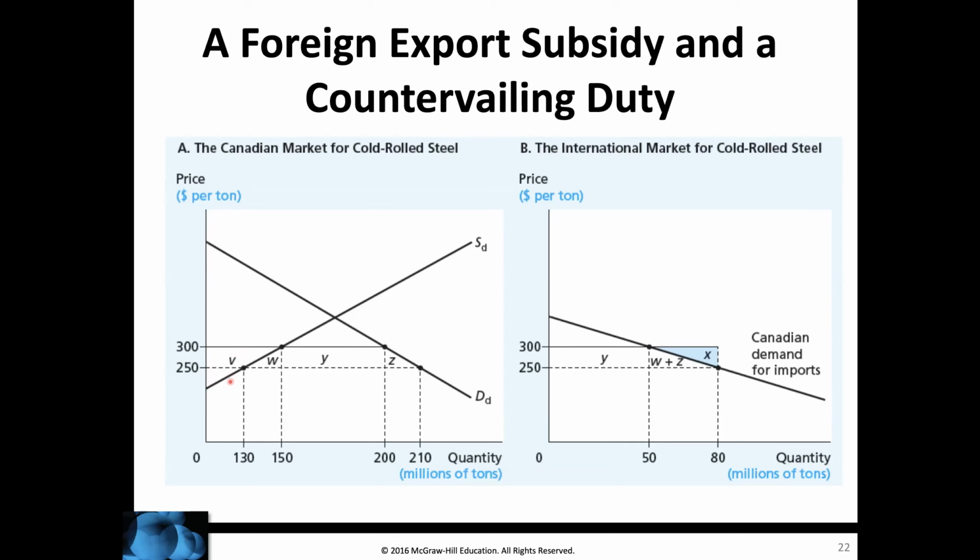The duty inclusive price of imports rises back to 300 in this subsidy plus countervailing duty situation. You can see Canadian demand for imports here goes down from 80 to 50. But then they're going to add a countervailing duty, which will bring it back up to 80, and all is right in the world.